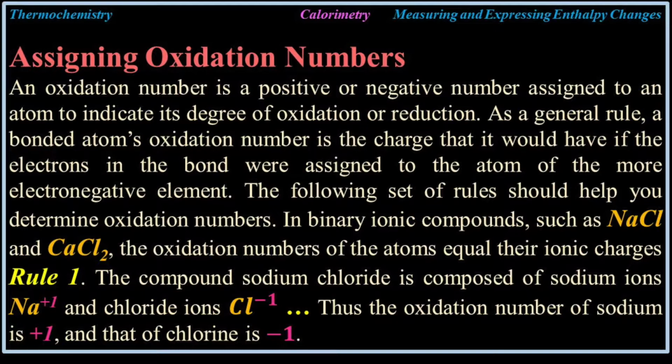In binary ionic compounds such as sodium chloride and calcium chloride, the oxidation numbers of the atoms equal their ionic charges. Rule 1. The compound sodium chloride is composed of sodium ions, Na+1, and chloride ions, Cl-1. Thus, the oxidation number of sodium is +1 and chlorine is -1.